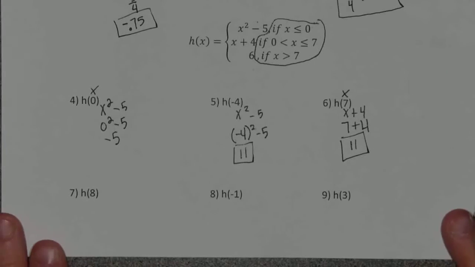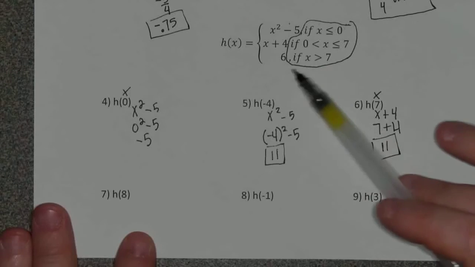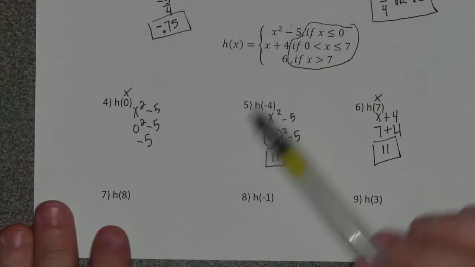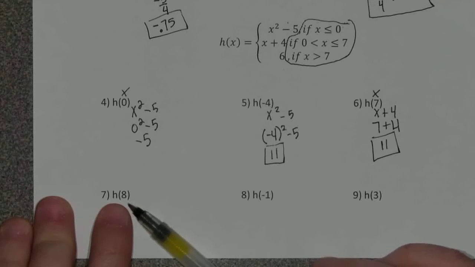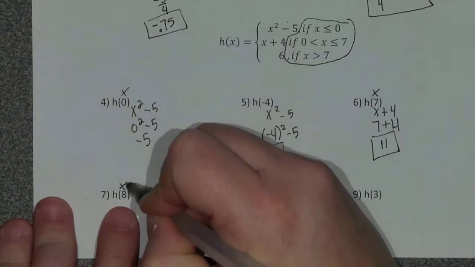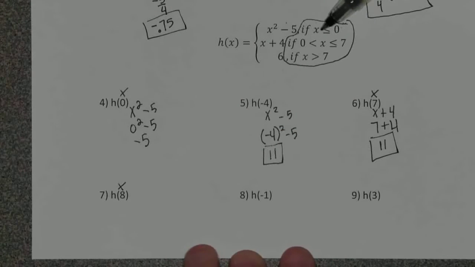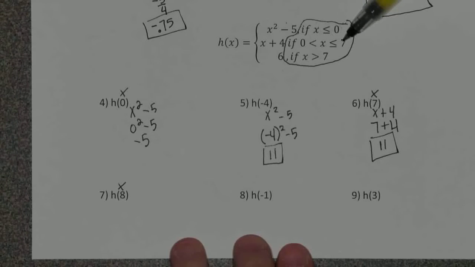All right, the same thing again then, still using this same h of x function, which is a piecewise function, has 3 parts to it. This time I'm going to find my h of 8 value, which means 8 is my x value. So I go and I sub them in over here. Is 8 less than or equal to 0? No, so I don't put it in here. Is 8 between 0 and 7?